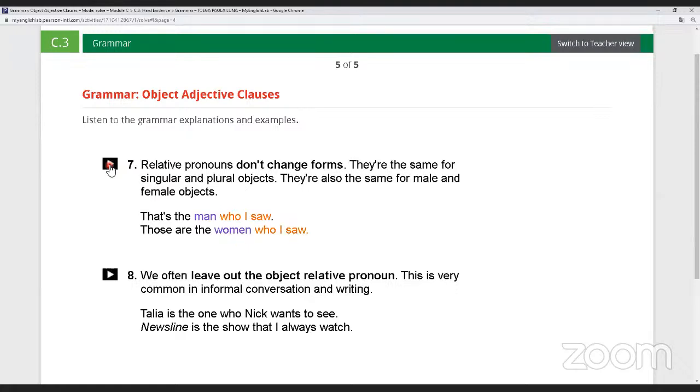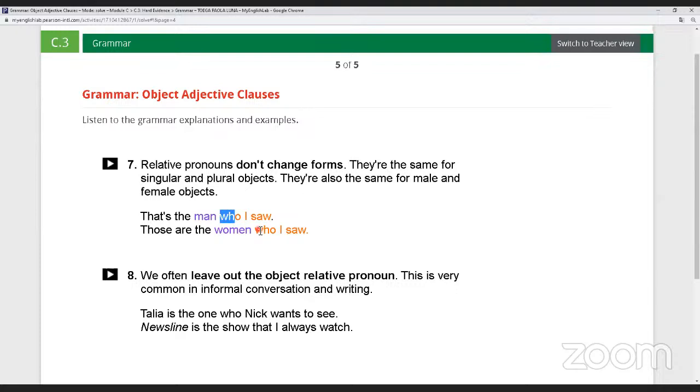Okay, the relative pronoun doesn't have a form, right? So what does it mean? If I'm going to talk in plural or singular, men or women, we're only going to use who as it is. There is no who's, okay?